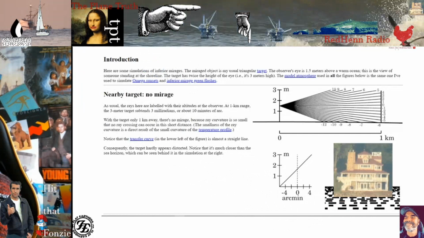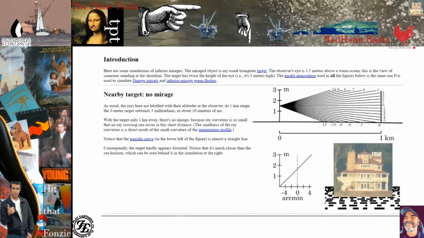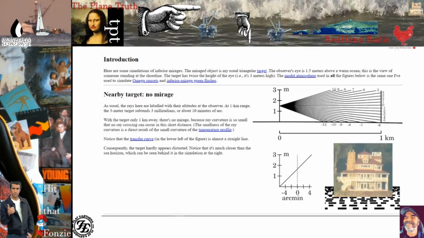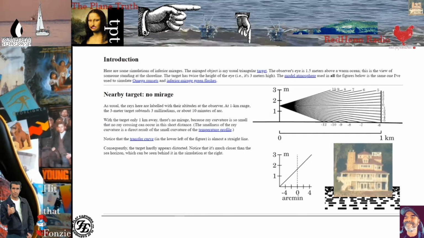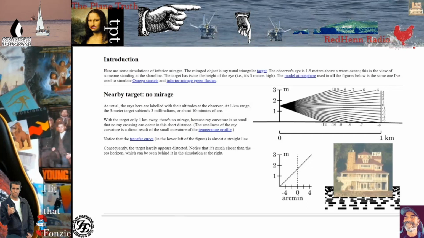Now, the thing that's going to be different about my demonstration is that I'm not increasing my distance. I'm just showing you other photographs with an increase in the refractive index so that it compensates for, it's as if I'm moving farther back, okay?